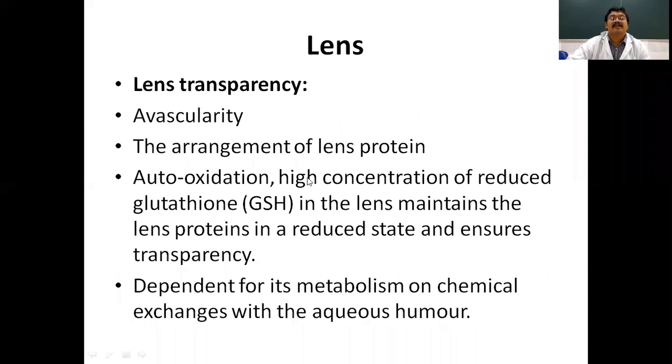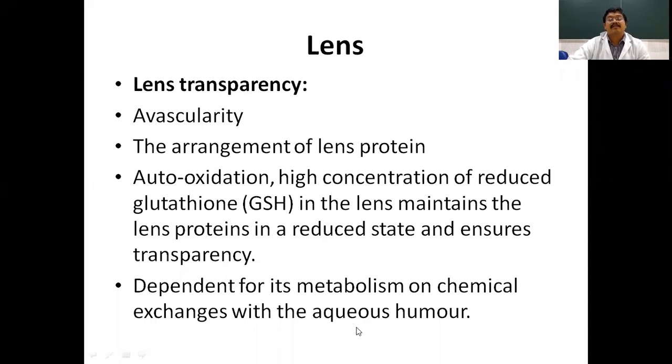The transparency of the lens is maintained because of avascularity and the arrangement of the lens fibers, and auto-oxidation is prevented because a high concentration of reduced glutathione maintains the lens proteins in a reduced state and ensures transparency.